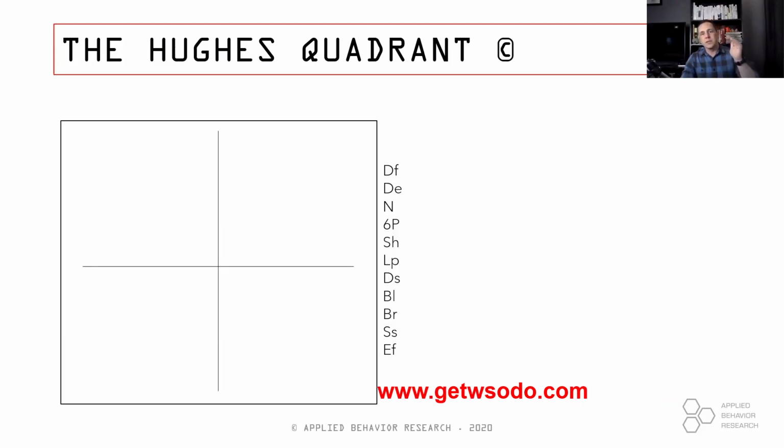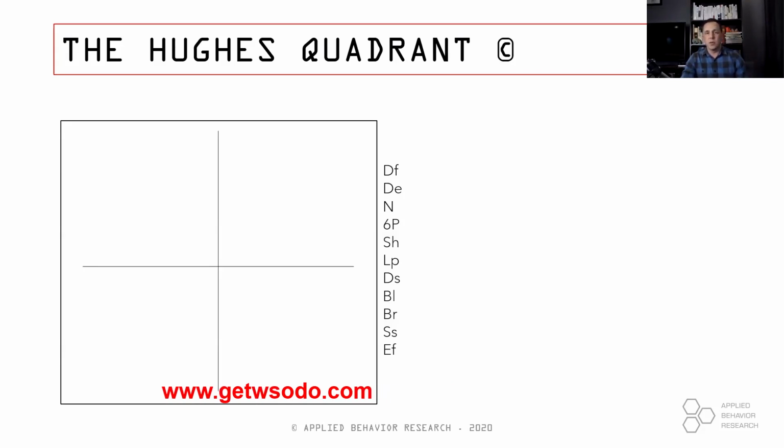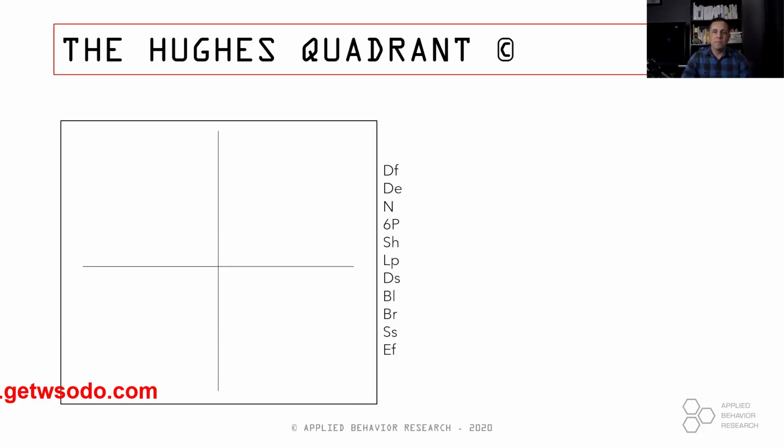So if I'm able to slow the blink rate down and I know what caused it, I'm going to do a down arrow and have a little circle around it. If the blink rate looks normal in the beginning of the conversation, I'll just do a little hyphen, just a little dash, normal blink rate. SS is shoulder shrug. So this is when you see both go up or one go up.